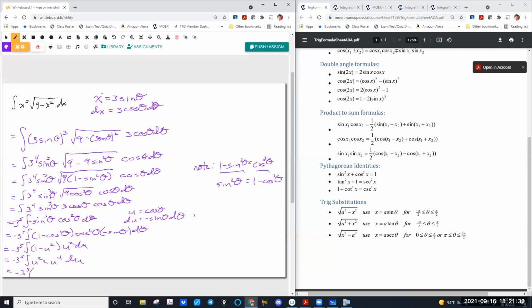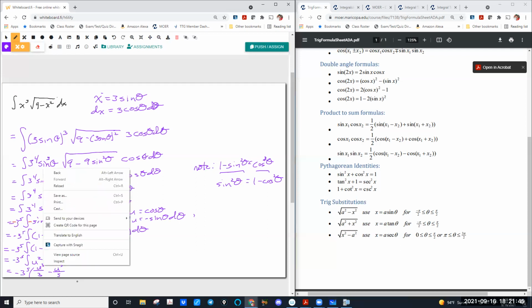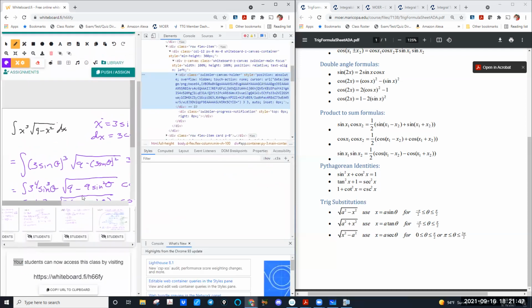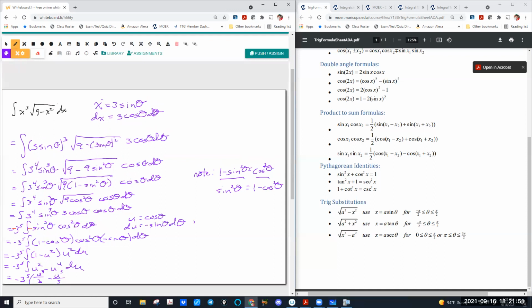times, now we're going to have in parentheses u cubed over 3 minus u to the 5th over 5, plus C. All right, we are far from done.